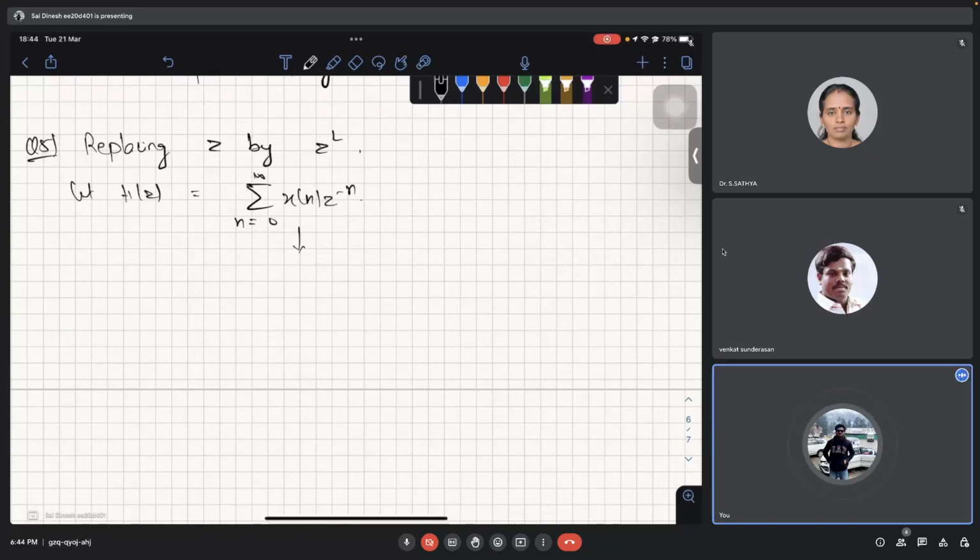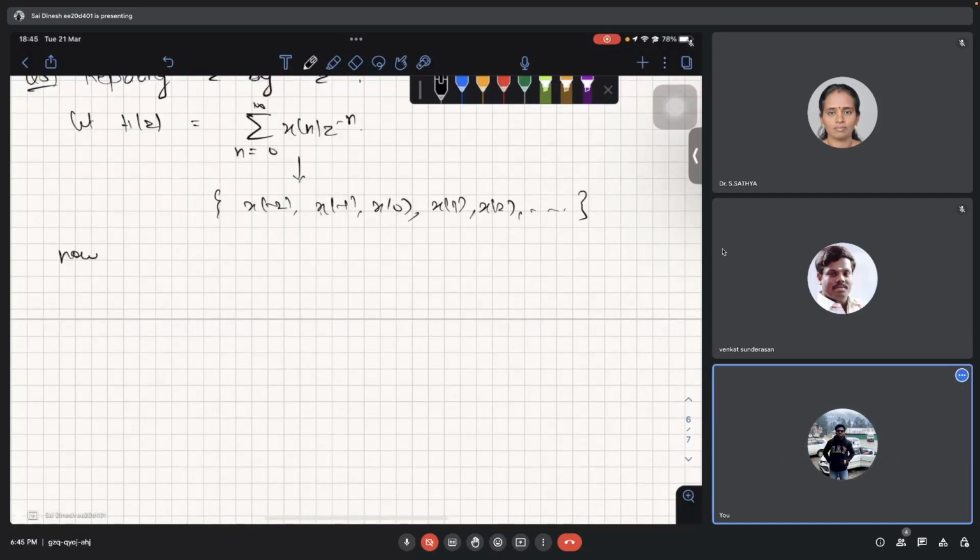So here this will have x of minus 2, x of minus 1, x of 0, x of 1, x of 2, and so on.